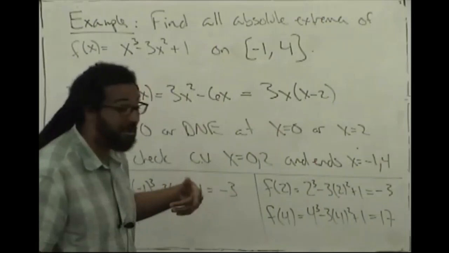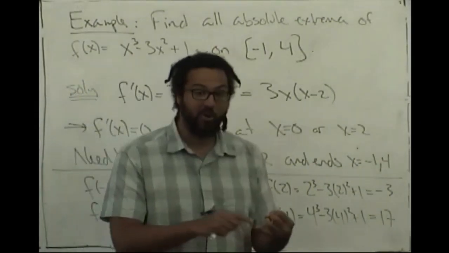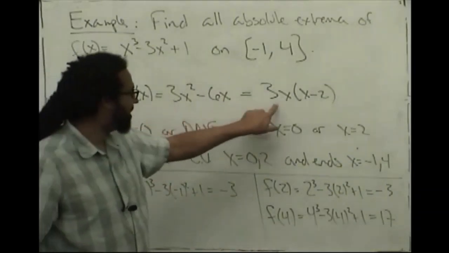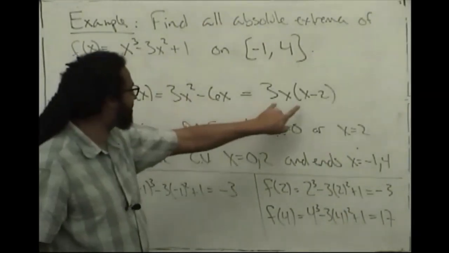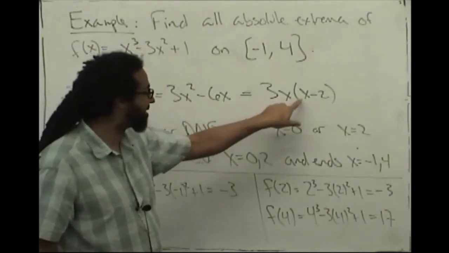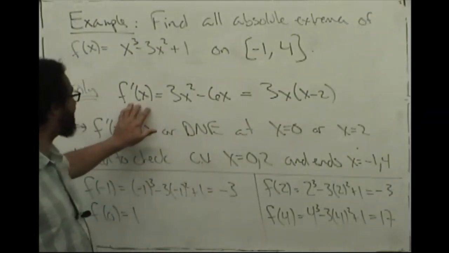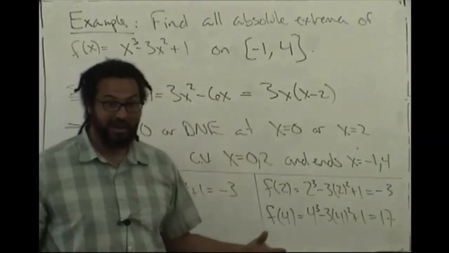Okay. Remember how to find critical values. That's where the derivative is 0 or undefined. So here's the derivative. It's just 3x squared minus 6x. You can factor that as 3x times x minus 2. Certainly the derivative is defined everywhere. This is just a polynomial, so we're not going to have any bad spots.